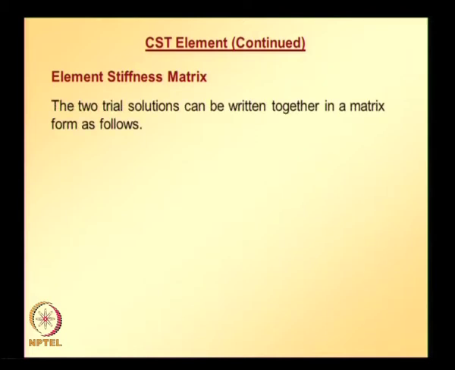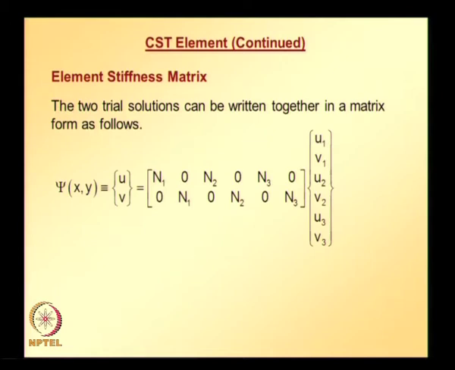As I just mentioned, the trial solutions in x and y direction can be written together in matrix form, or compactly it can be written as psi is equal to n transpose d, where n is the vector or matrix consisting of all the shape function expressions, and d is nothing but the vector of nodal parameters or nodal unknowns.